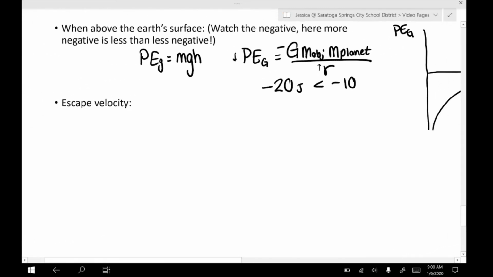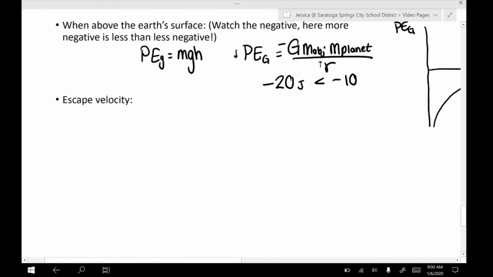Where we really like to use this on occasion is to figure out escape velocity, meaning how fast you actually have to move to escape the gravitational pull of Earth. Very similar, we can set PEG equal to KE. Same type of conservation of energy treatment that we might do on the surface, but this time for an object out in orbit.